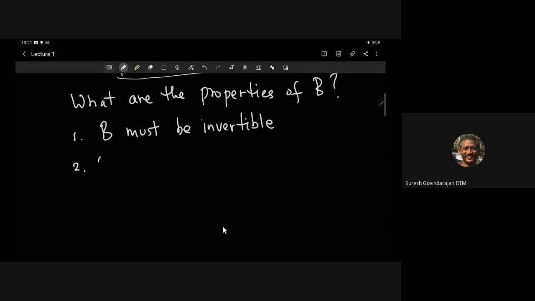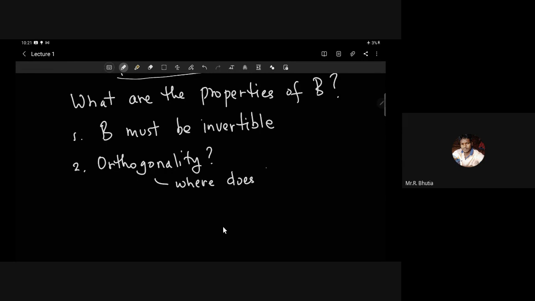So somebody used the word orthogonality. That means what? The product of the matrix with its transpose will be 1. Well, yeah, that's absolutely correct. But the question is, where does that come from? So the length of the vector remains the same. Okay, very good. Where does this come from?